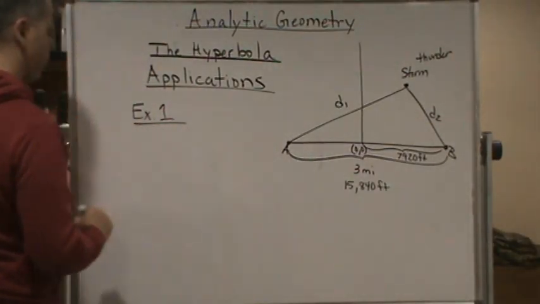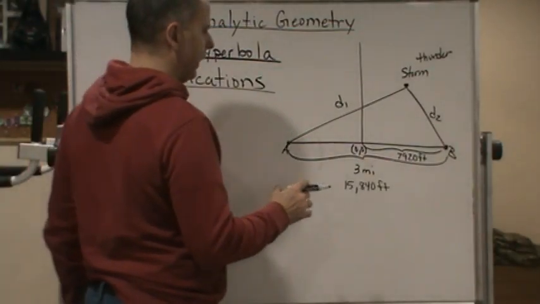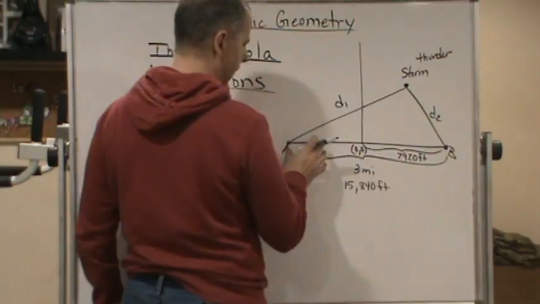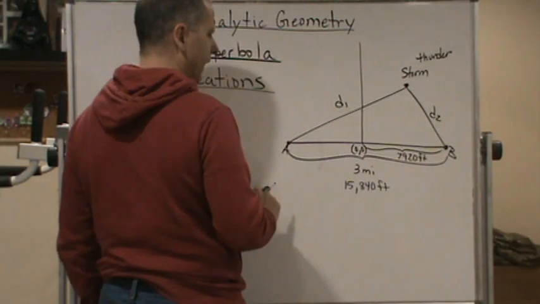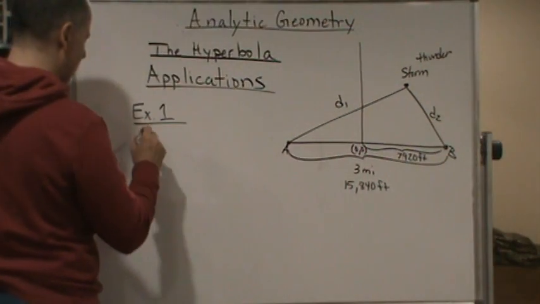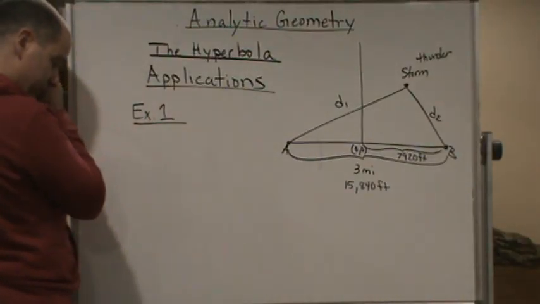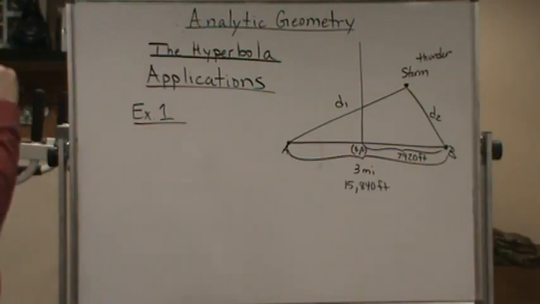Now what other information do they give us? They give us that the time difference between the amount of time that it took for this person to hear it and the time that it took for this person to hear it is 10 seconds. So the time difference is 10 seconds, meaning that can give us the constant, right?